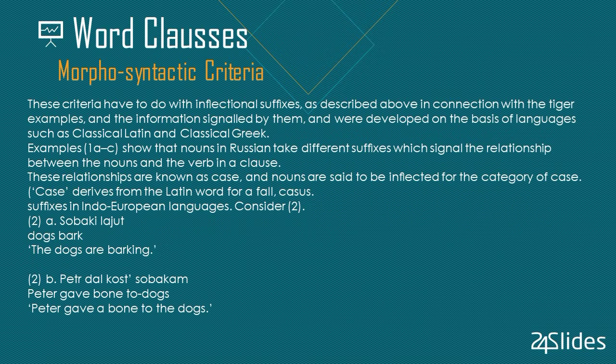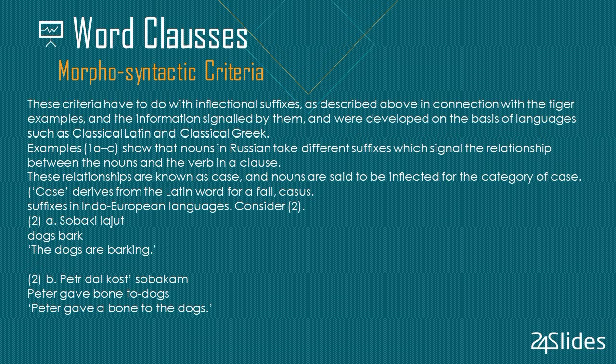The next are morphosyntactic criteria. These criteria have to do with inflectional suffixes, as described above in connection with the tiger examples, and the information signaled by them, and were developed on the basis of languages such as Classical Latin and Classical Greek.